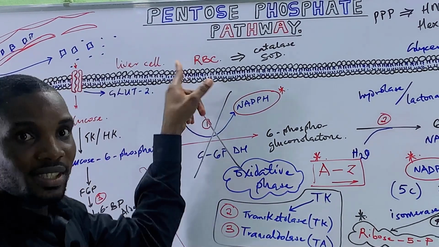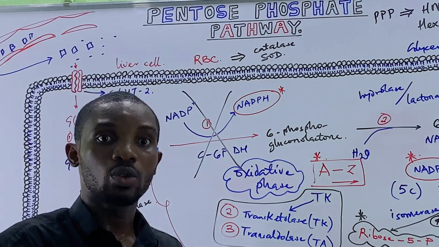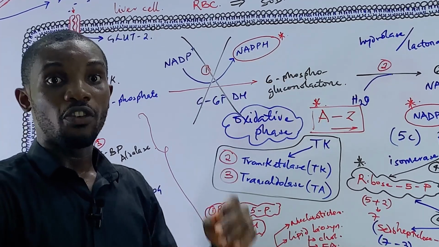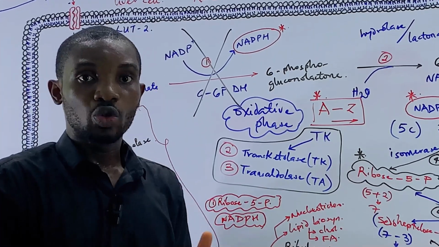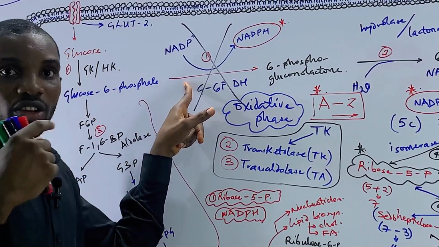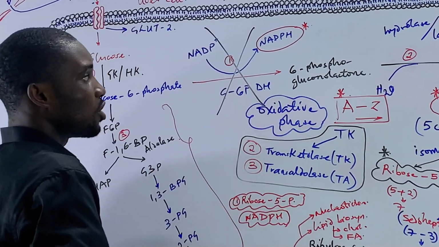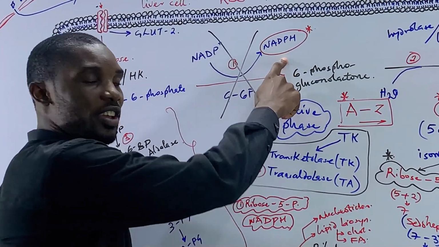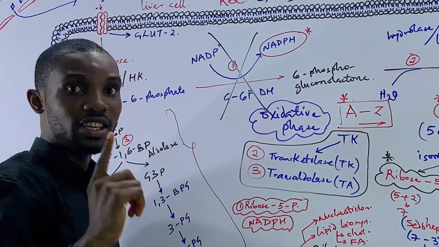However, the RBCs cannot and depend only on glutathione. And remember, I told you that glutathione requires NADPH for reduction to the active form. And when this enzyme is deficient, the glutathione cannot be reduced. And you remember, the PPP cannot continue. And we cannot generate enough NADPH for the individual.